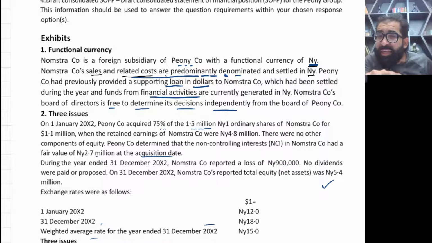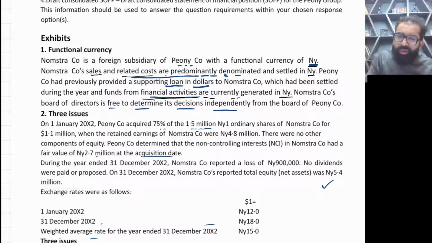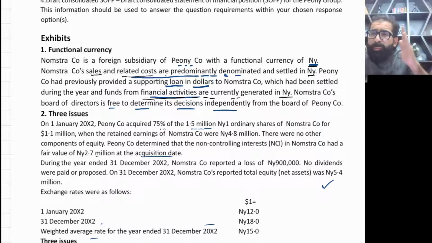Yes, in the past the loan was in dollars, but now they are settling it because now they are earning in NY. So again, this is a 50-50 point. But see the next point: funds from financing activities are currently generated in NY. That's very good. Only one past loan was taken in dollars, but the new loans are taken in NY. So it's a secondary factor, still 50-50.